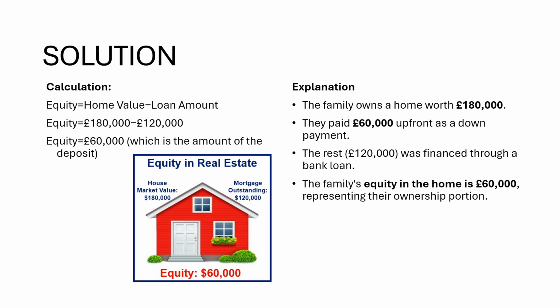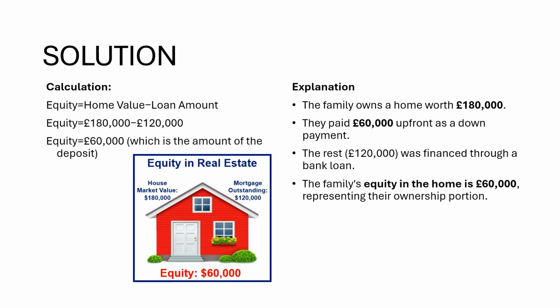The explanation is the family owns a home worth £180,000. They paid £60,000 upfront as a down payment. The rest, £120,000, was financed by a loan, which is a liability. So the family's equity in the home is 180,000 minus 120,000 liability, which is the 60,000 down payment, representing their ownership portion.